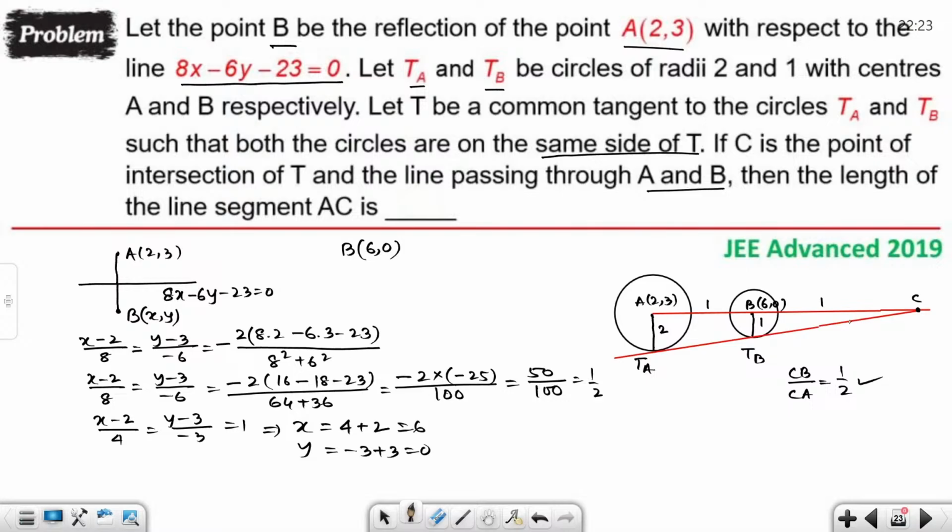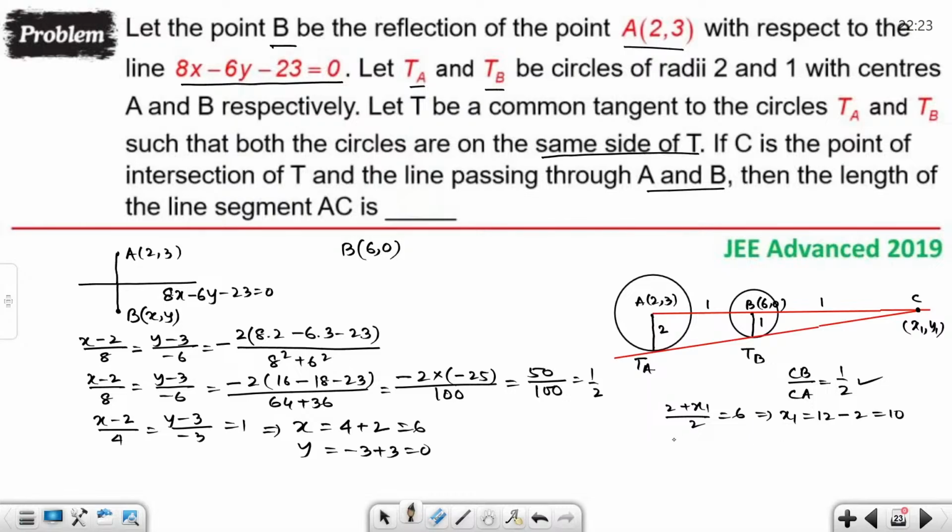Is it clear to all? So let the coordinate of C be (x1, y1). Therefore, by using this midpoint formula, because now B is the midpoint of A and C, we can write (2 plus x1) by 2 is 6. From here, we are getting x1 as 12 minus 2, that is 10.